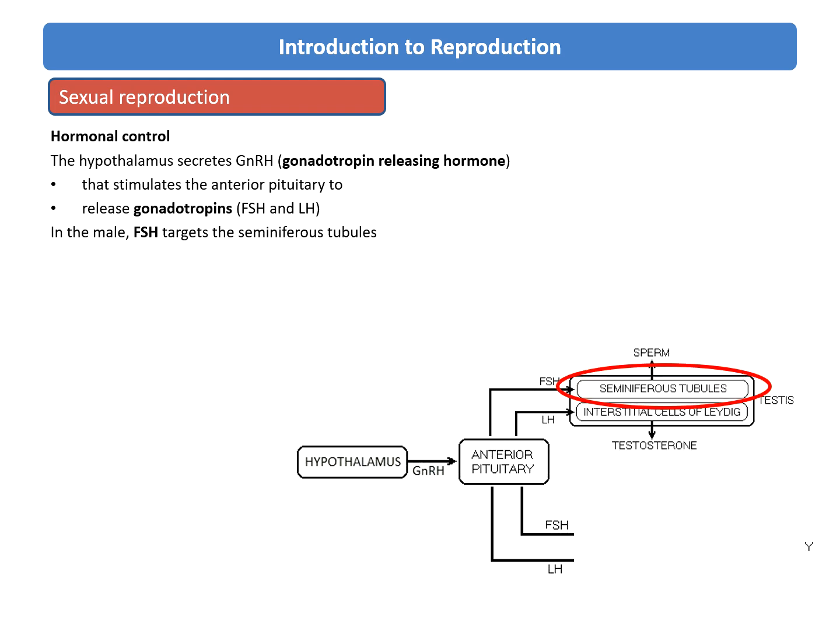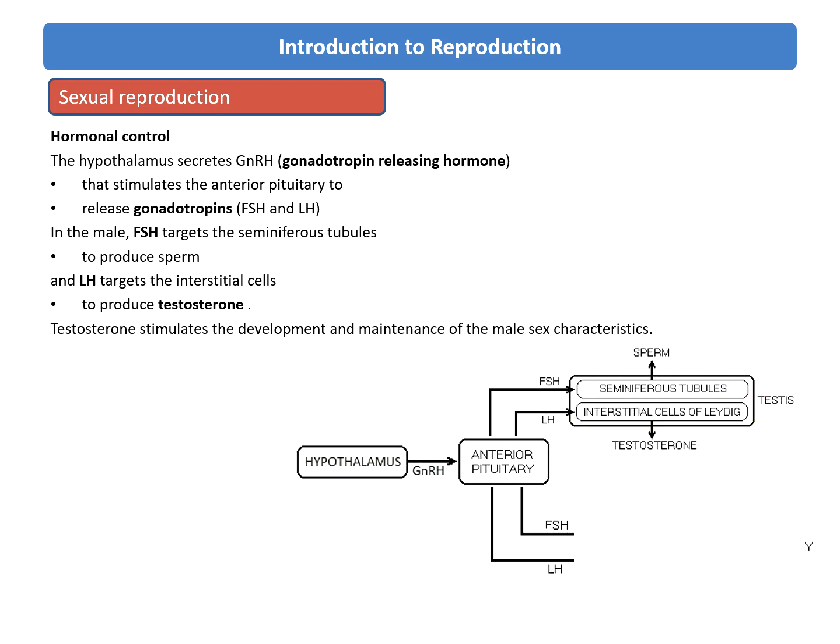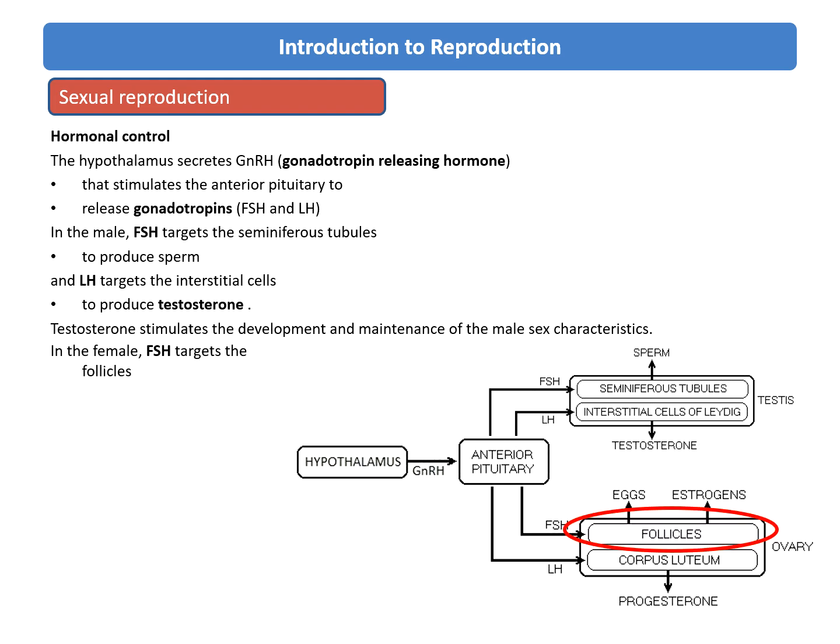In the male, FSH targets the seminiferous tubules, and they produce sperm. And LH targets the interstitial cells. You'll understand what they are shortly. And they produce testosterone, a male sex hormone. Testosterone stimulates the development and maintenance of male sex characteristics.